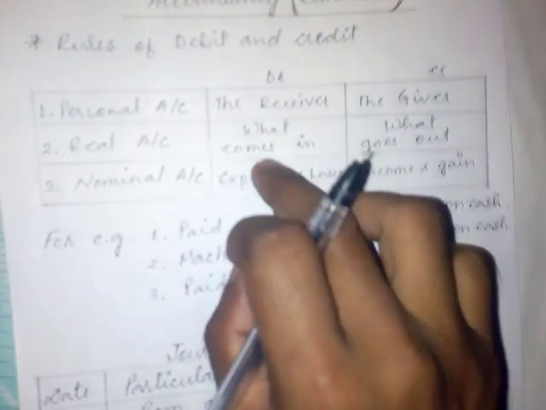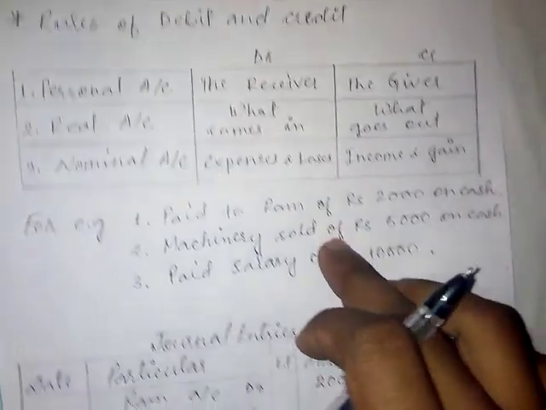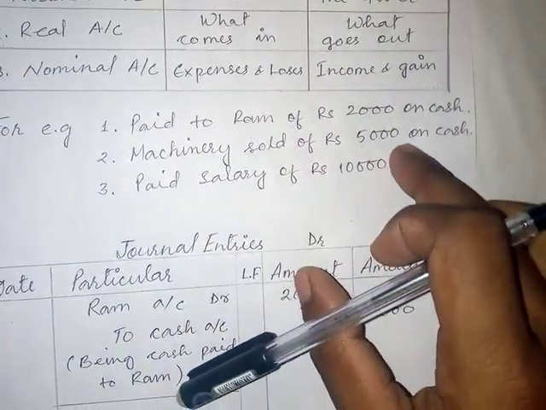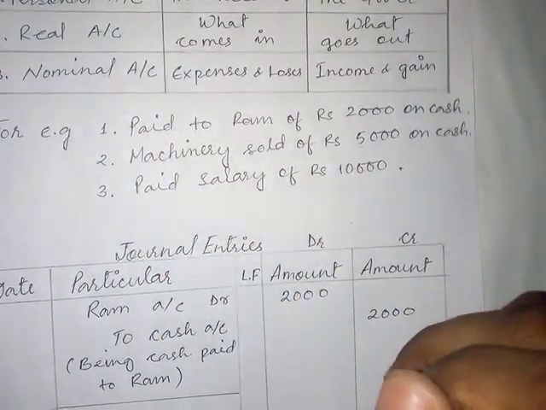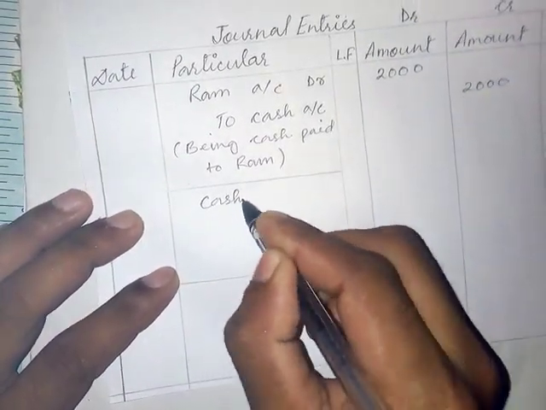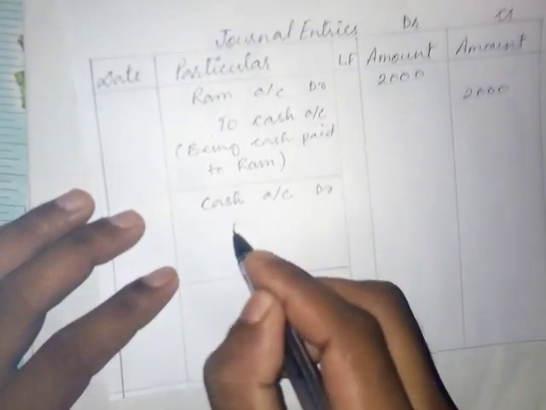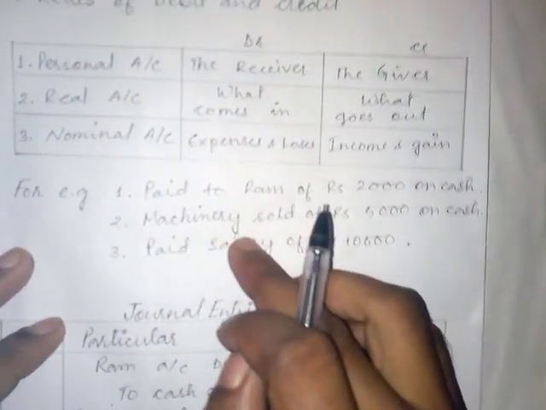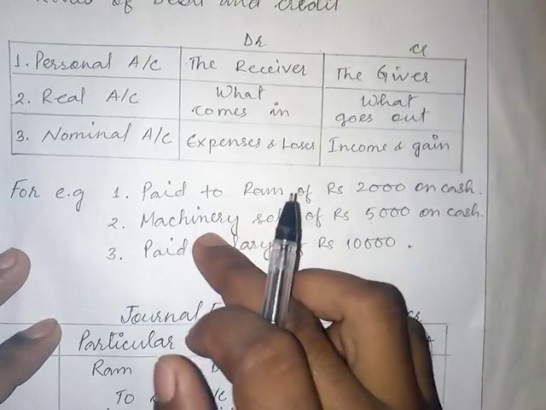First we need to apply the rule of debit. In this question, when you sold the machinery, obviously cash comes in. So you put the entry this way: cash account debit. What goes out from your business? Very simple, you have sold the machine, so the machine goes out.